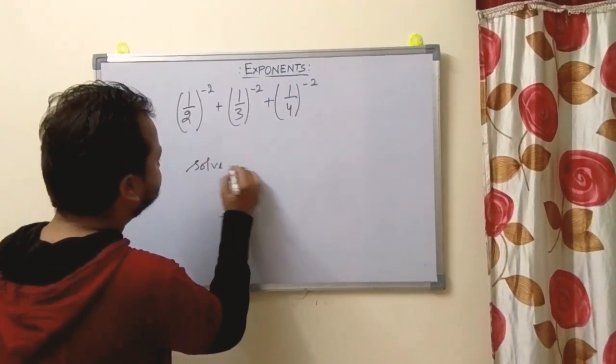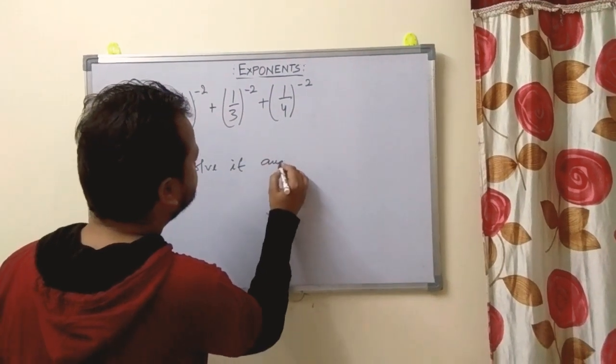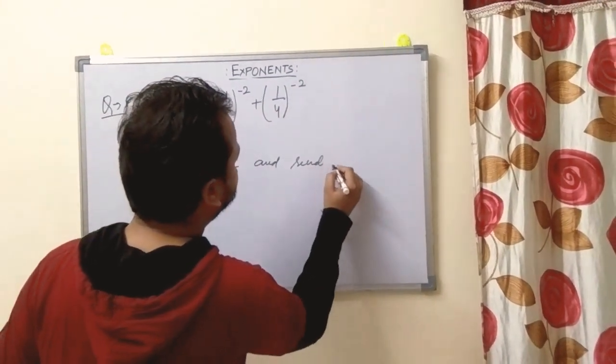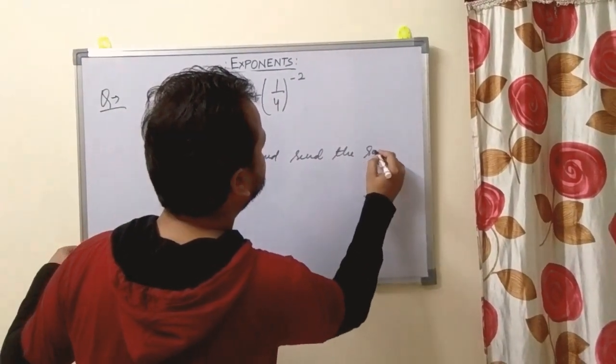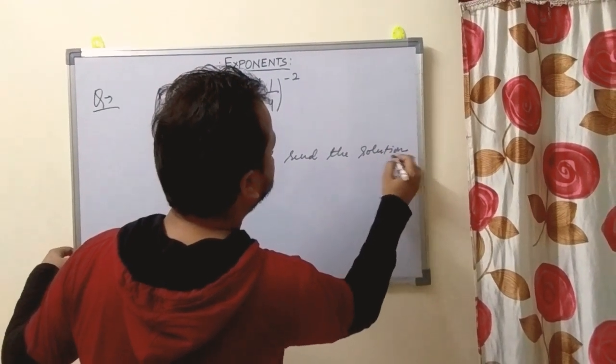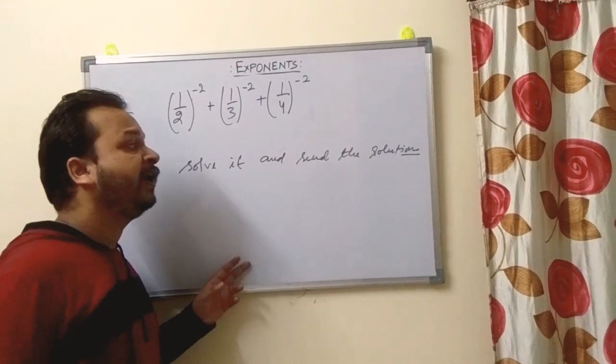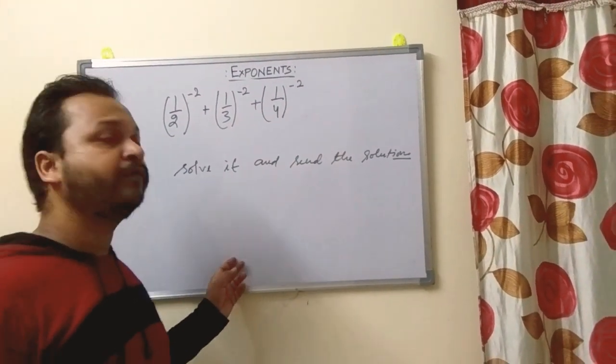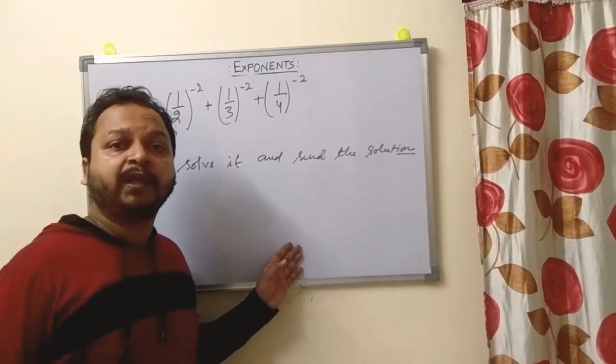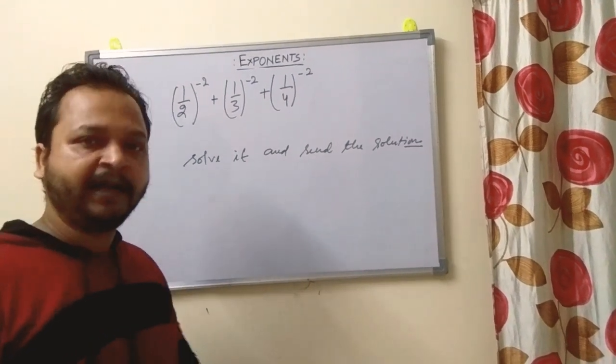Solve it and send the solution, and also let me know if you are facing any problem in solving any type of question or any topic what we have discussed you are not getting.